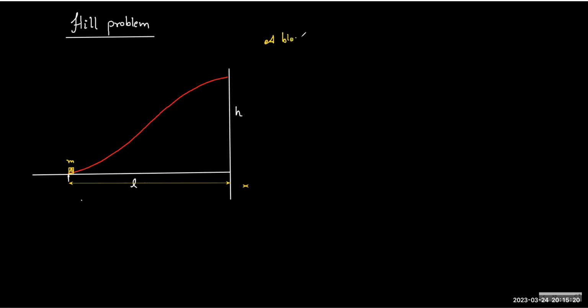A block of mass m is pulled up the hill slowly by a tangential force, by an external agent.